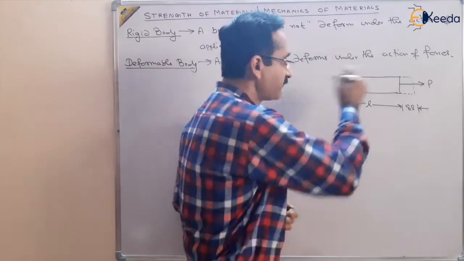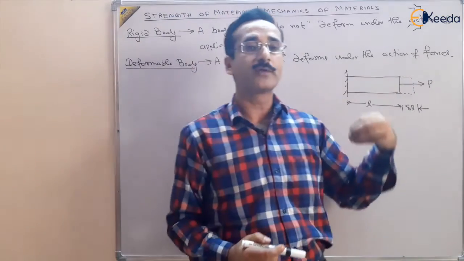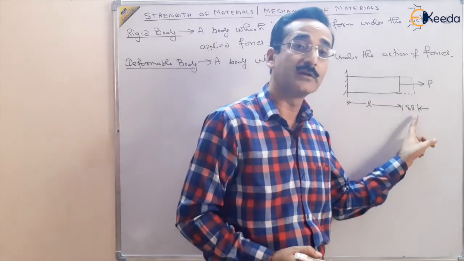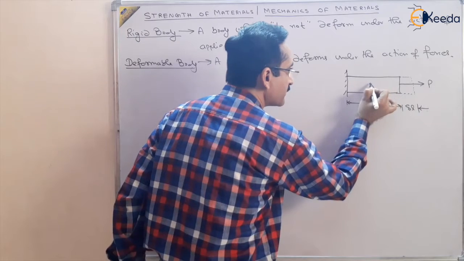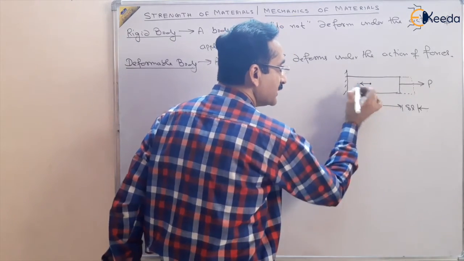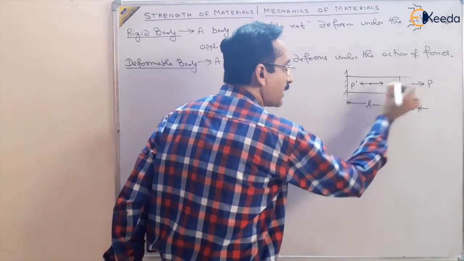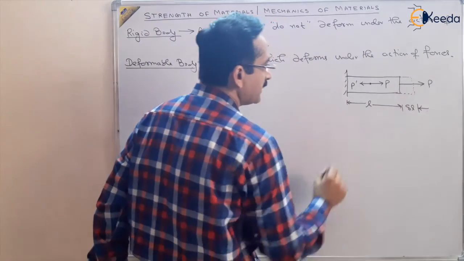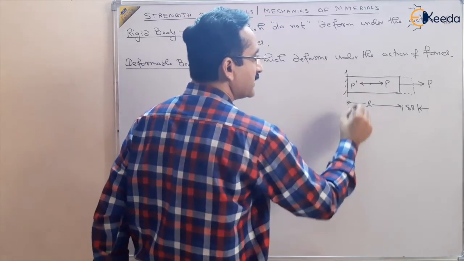So what is that force which is causing the regainment of the original dimensions, which is causing vanishment of this deformation? It means there is a certain internal force developed which is resisting this force, opposite to this force, developed in this material against the applied force. So we have applied the force P and we have obtained a resisting force P dash in this material.